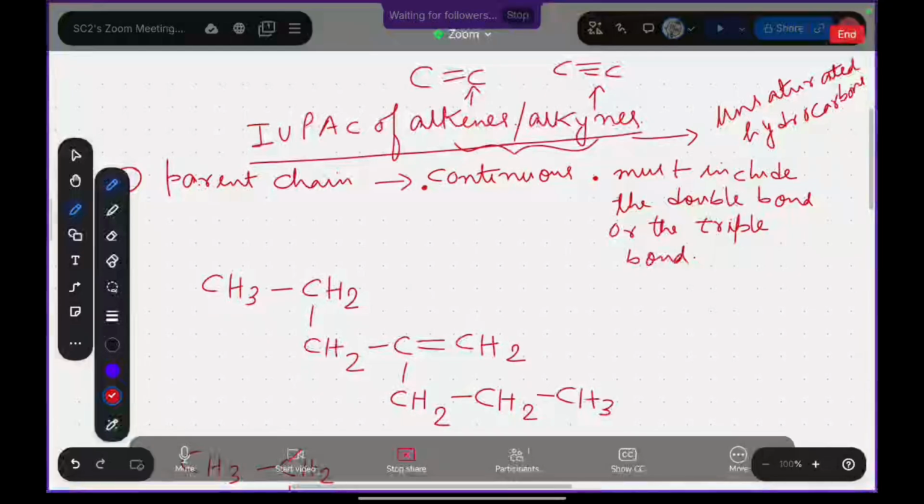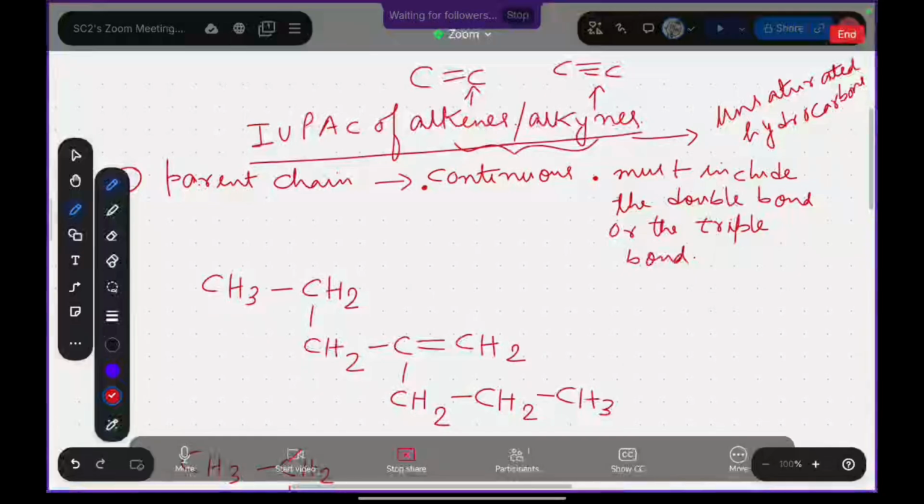But for alkenes and alkynes, other than being continuous, the parent chain must include the double bond or the triple bond. If the double bond or the triple bond is outside the parent chain, in the side chain, it will not be considered as the parent chain. The double bond or triple bond must be a part of the parent chain.